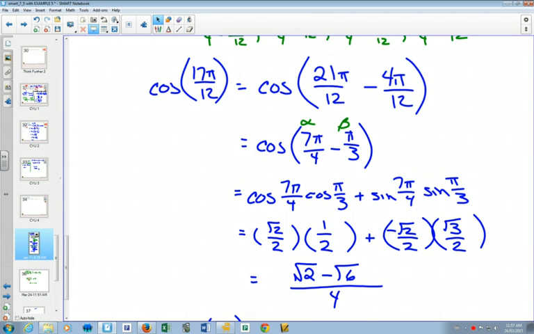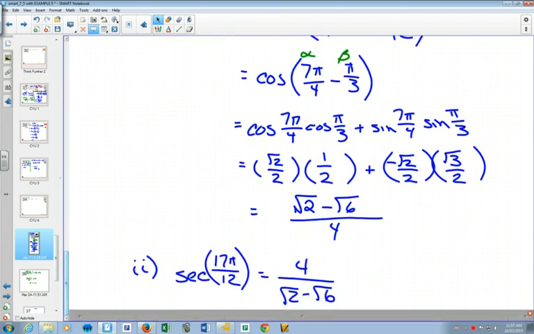Now, typical of the last couple of exams, sometimes they'll ask cos of 17 pi over 12 as a part A, and then as a part B to this question, they'll ask secant of 17 pi over 12. And if they ask secant of 17 pi over 12, well, we just take the answer that we found in A and do the reciprocal.